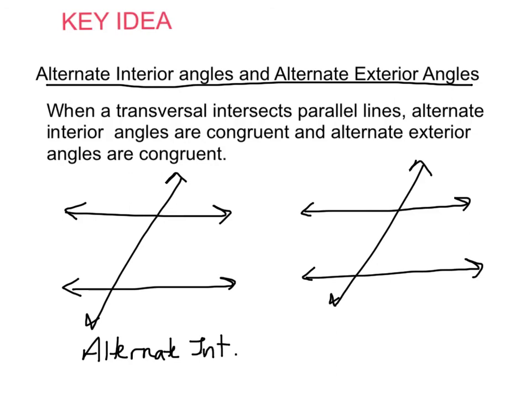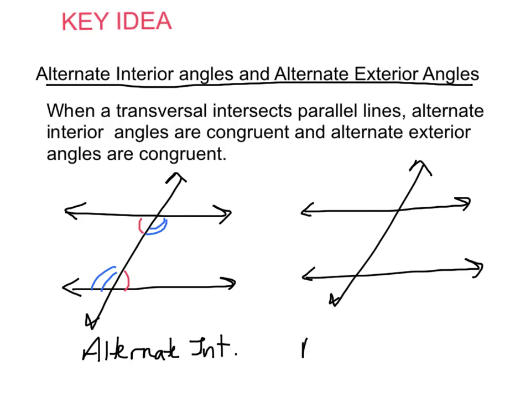Interior. Alternate interior means the four inside angles, and alternate means every other. So I'm going to draw them in red. So here, these two angles are on opposite sides of the transversal and on the inside of the parallel lines. The blue lines would also be congruent.